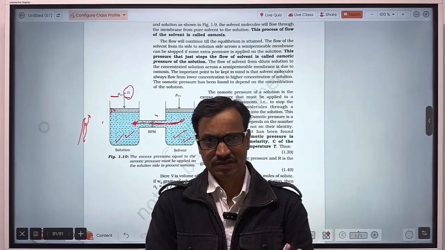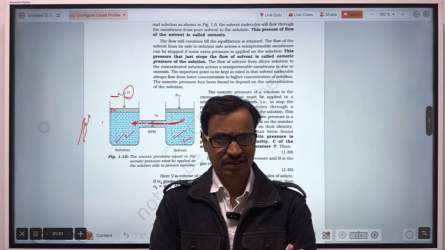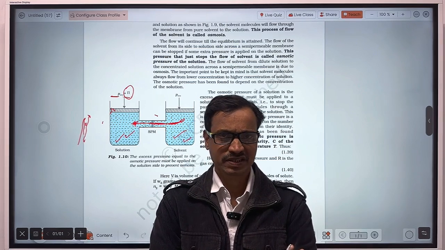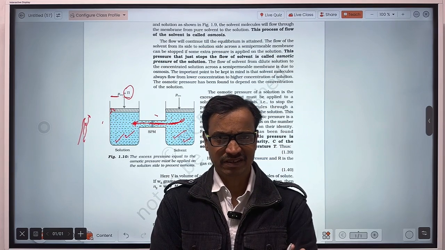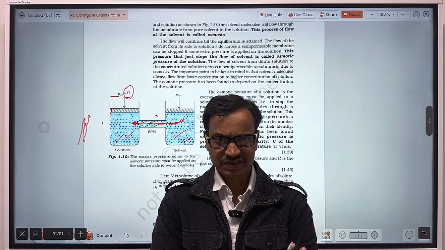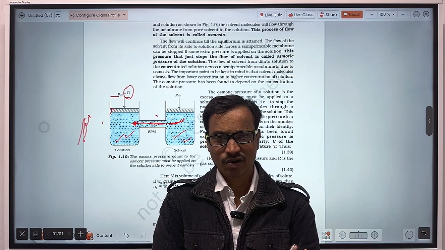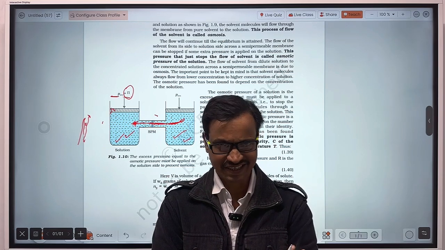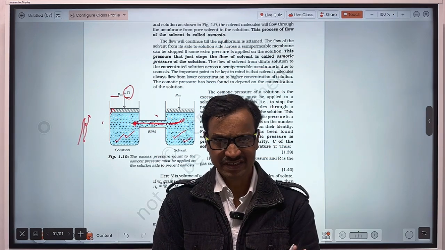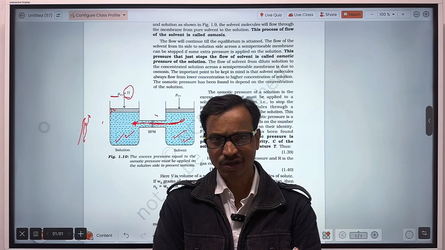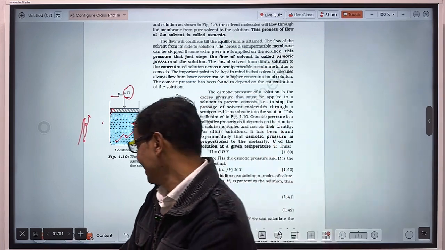That is called osmotic pressure. You may write that down.